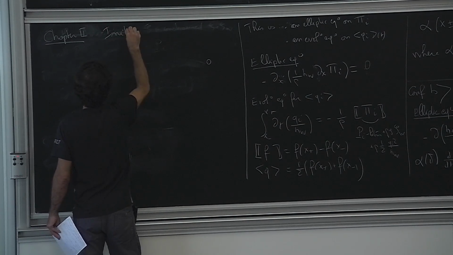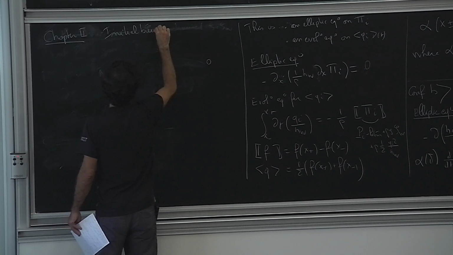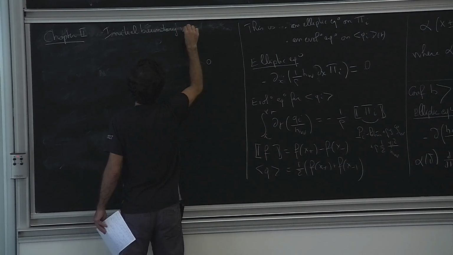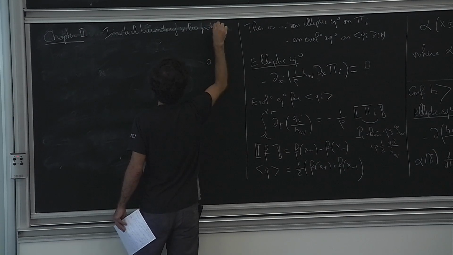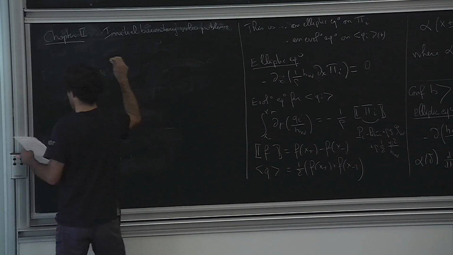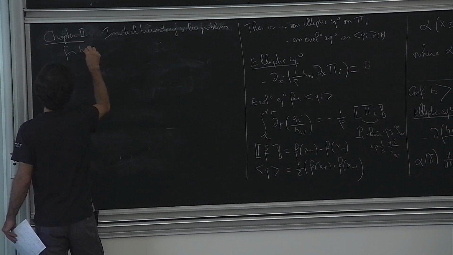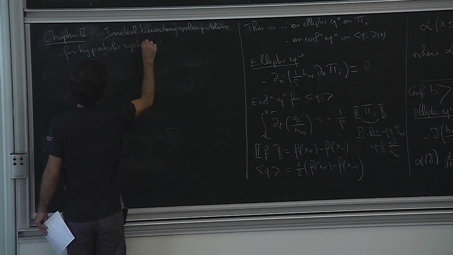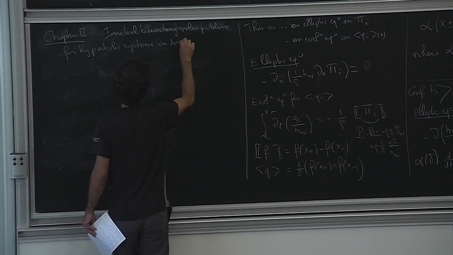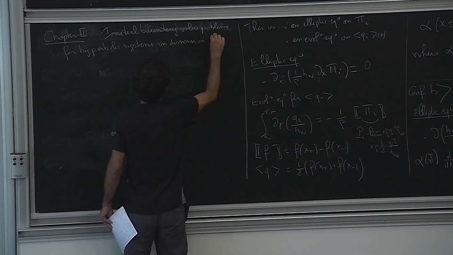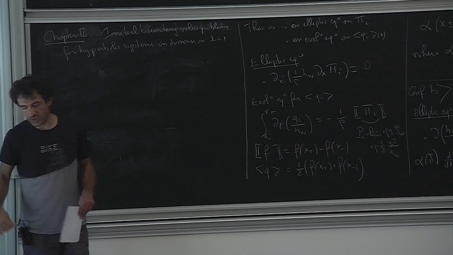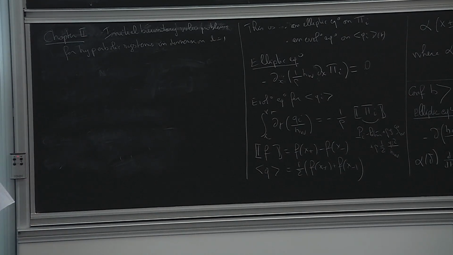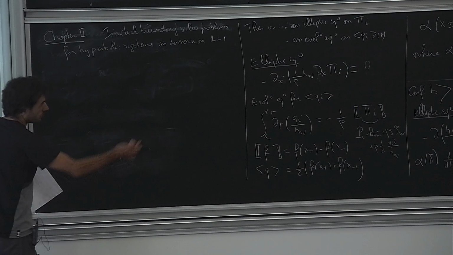Initial boundary value problems for hyperbolic system in dimension d equal to 1. Because in dimension d equal to 1, there are many things that can be done quite simply, just linear algebra, while in dimension higher it's more involved. And here we are in the one-dimensional case.